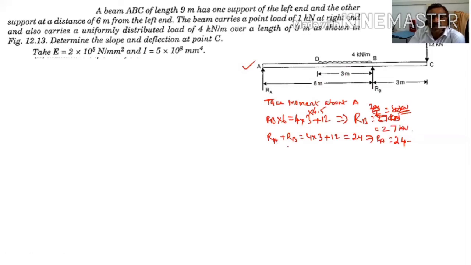And total upward force is equal to total downward force, so RA plus RB is equal to 4 into 3 plus 12. From this, you can calculate the value of RA, that is 24 minus 27. So you will get minus 3 kilonewton. So what is the meaning of minus 3 kilonewton?